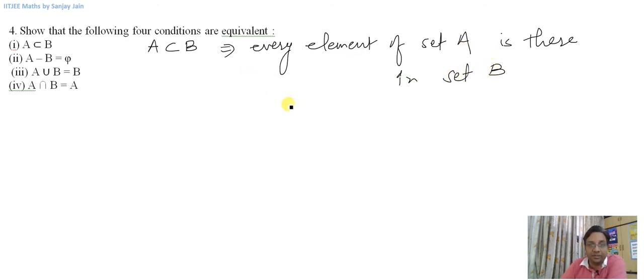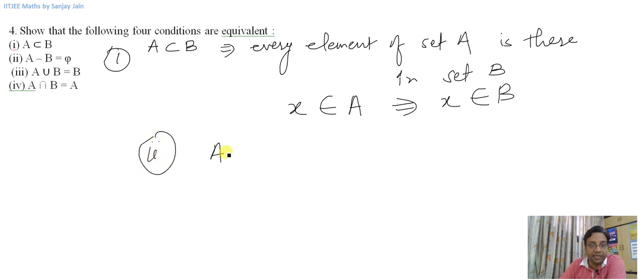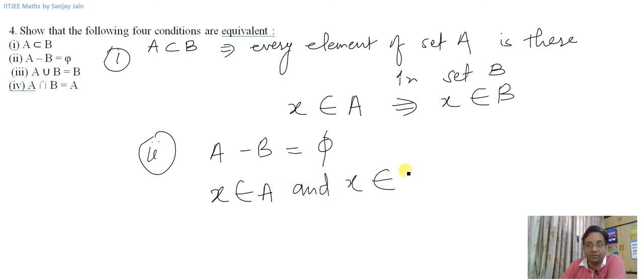Or mathematically, if I say that if X belongs to A, it belongs to B, right? Now the second statement, this is the first statement. Now the second statement says A minus B is equal to phi, right? That means if X belongs to A and X doesn't belong to B, this is A minus B, right?